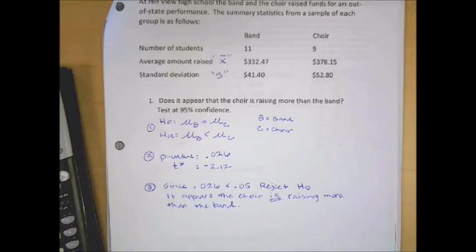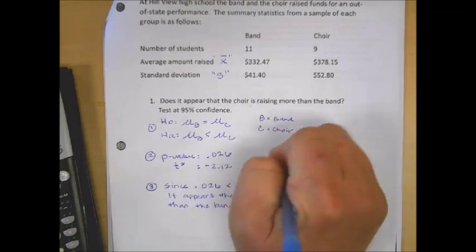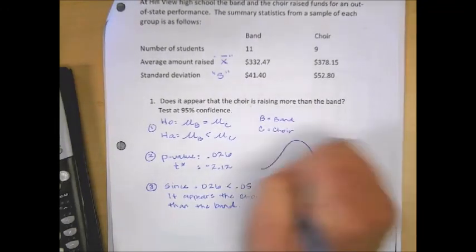Before we finish this problem altogether, let's go back to the hypothesis test for a second. We let our calculator tell us the p-value was 0.026. We also let our calculator tell us that the test statistic T star was negative 2.12. But if we were to find a critical point, remember, this was a one-tail low test.